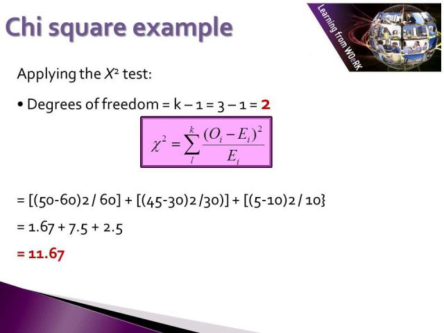Then the same again for primary. We had 5 observed, and the expected was 10. We square that and then divide it by the expected value of 10. That generates three figures: the first lot of brackets gives us 1.67, the second lot gives us 7.5, and the third lot gives us 2.5. Add the whole lot together and we end up with a chi-square value of 11.67.